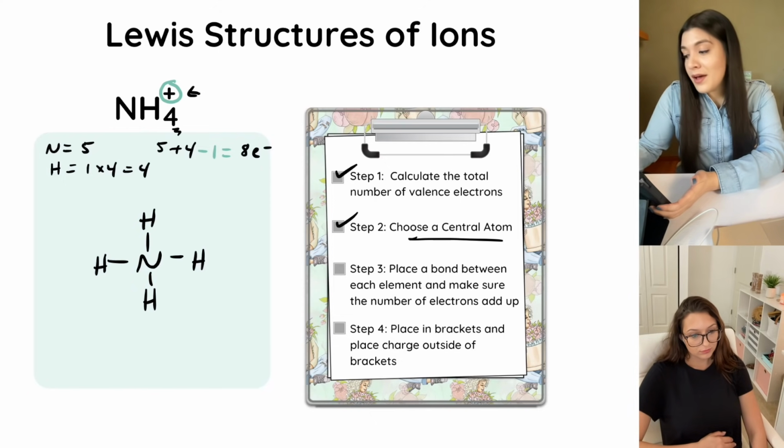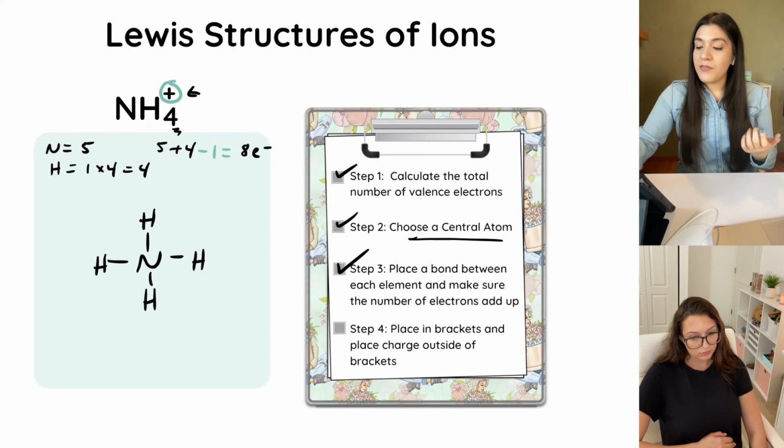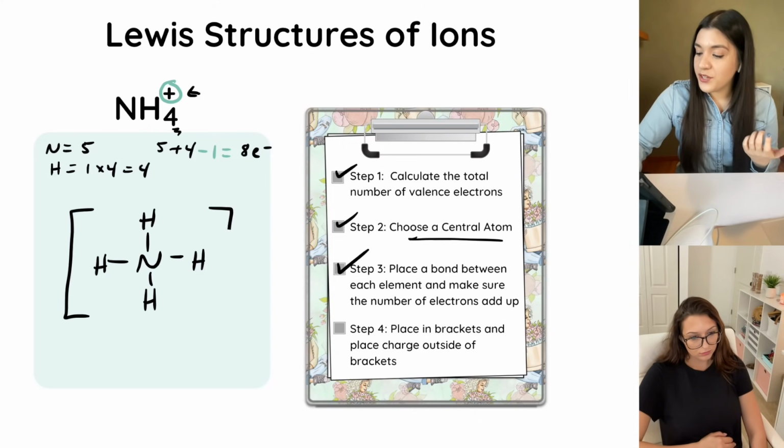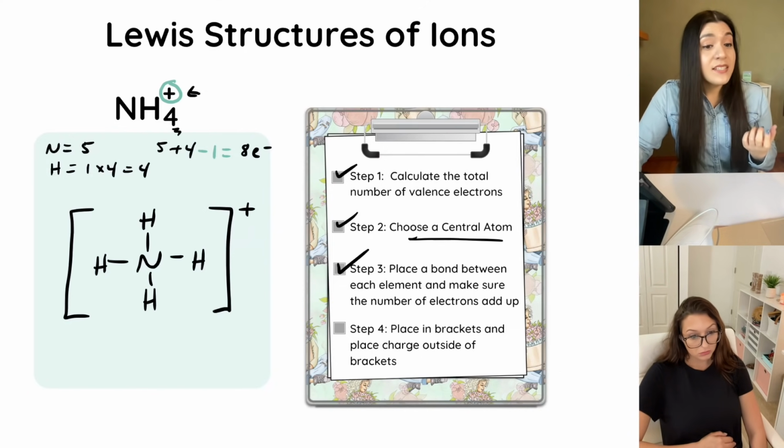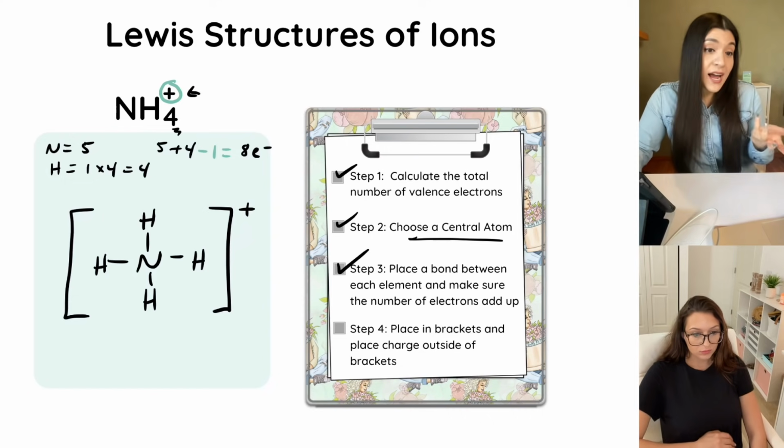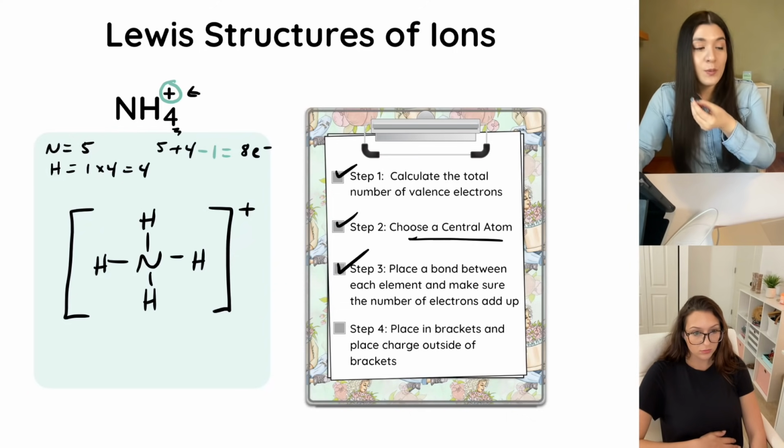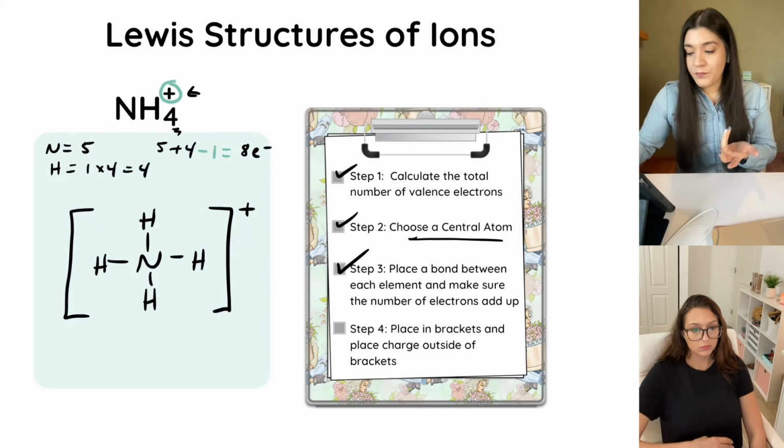Yep, that checks out. The only difference now is that we have to place the entire structure in brackets and place the charge on top. Whenever this is an ion, you have to put the Lewis structure in brackets and put the charge on the outside. It would be marked wrong if you didn't. Okay.